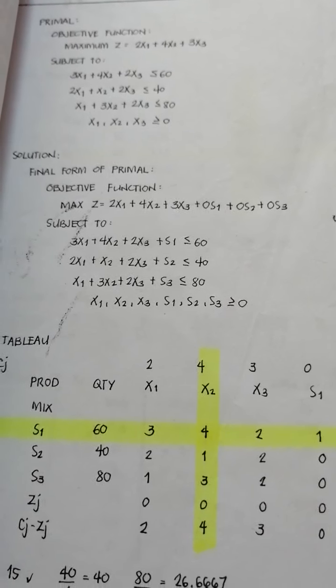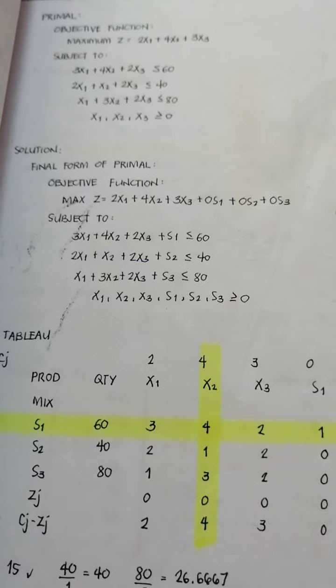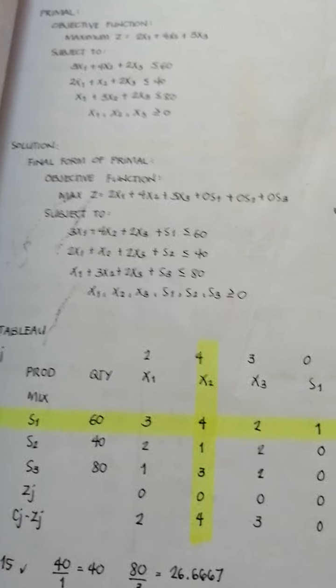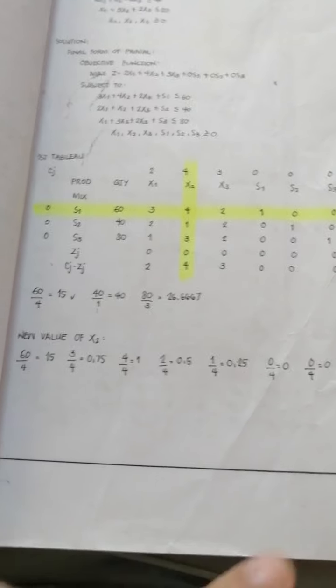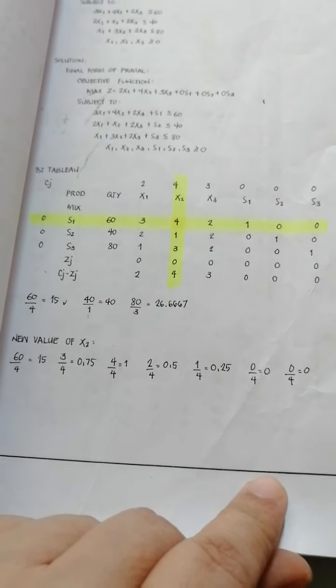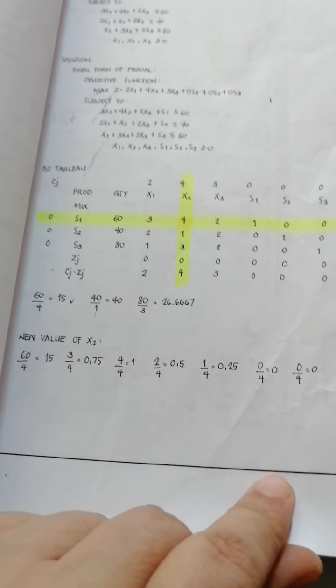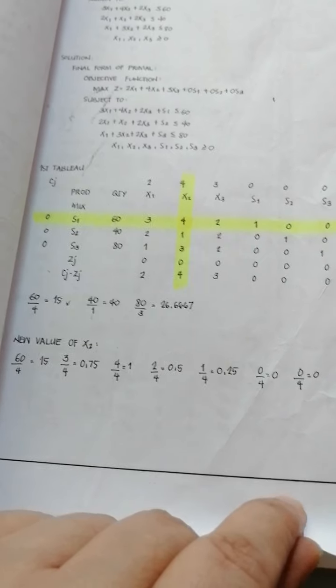included are the slack variables. So we added slack because the sign is less than or equal to. And this is the initial tableau with the replaced row and the optimal column and the new value of x2.